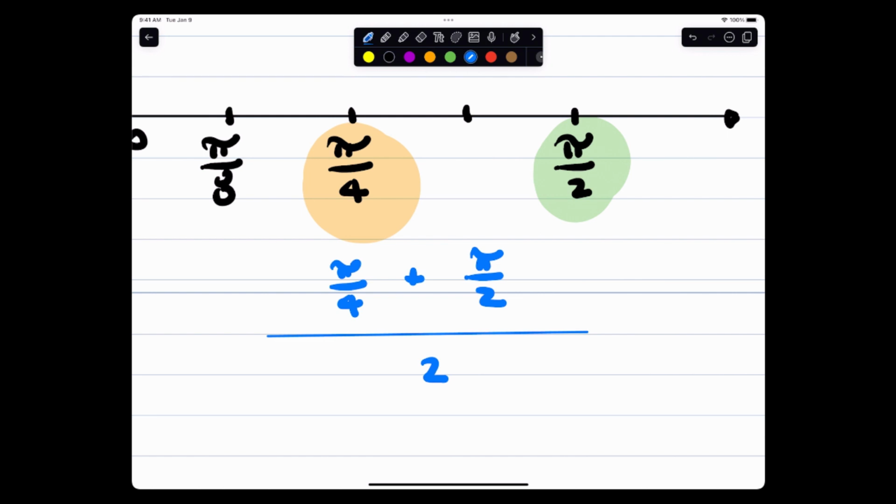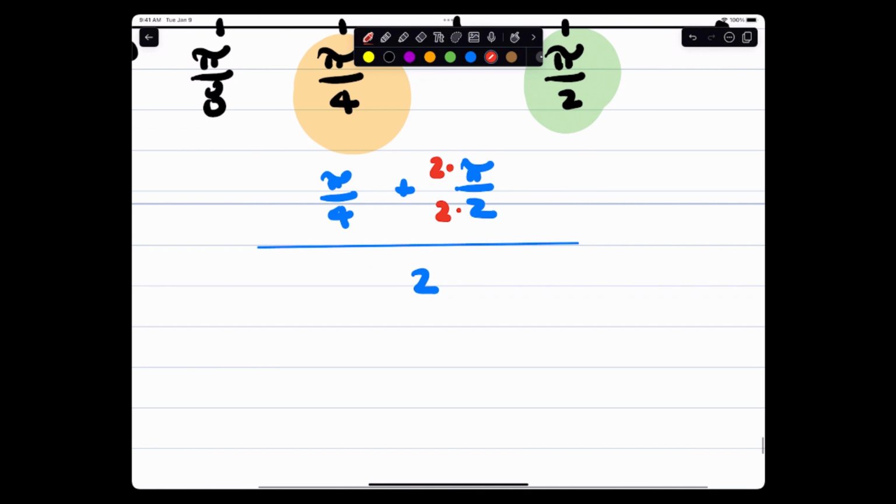So now, if I said to you, how do you add these here? What would you have to do? Multiply the top by 2 and the bottom by 2. And what do you end up with? Pi over 4 plus 2 pi over 4 divided by 2.